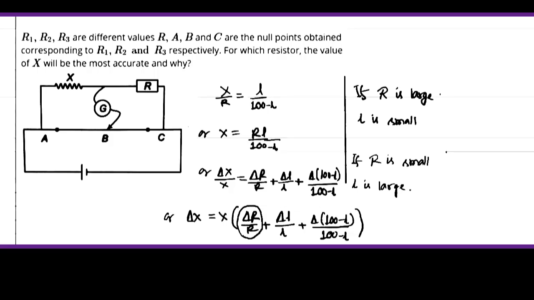Similarly, if R is very small, then this L is very large. Since this L is large, 100 minus L will be very small, and the overall value will become very large. Hence, it will impact the error in X in a big way.